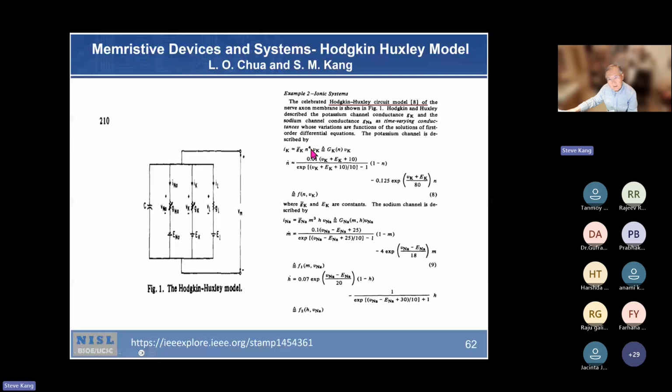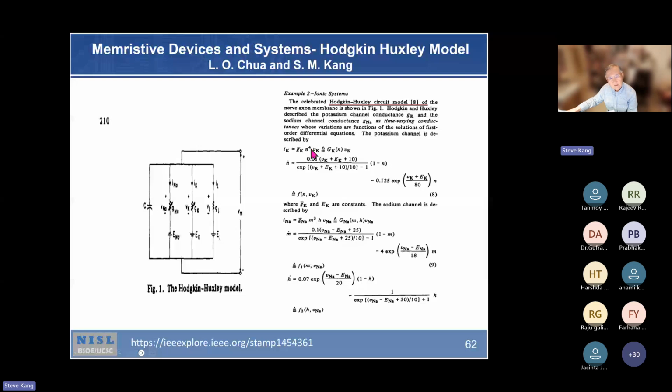In this model, it's m cubed h^1, so three of them m, followed by another h. When they line up perfectly with the probability of 1, then you have a full conduction. But if any one of them is 0, then there is no conduction. So the state variable is controlling the conductance GNa. Likewise here, state variable n is controlling conductance GK.